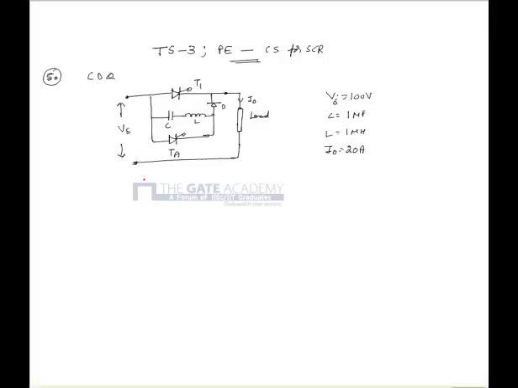We have to find the maximum absolute value of the current through the capacitor C. So for the different scenarios, we have to find the maximum absolute value of the capacitor current.